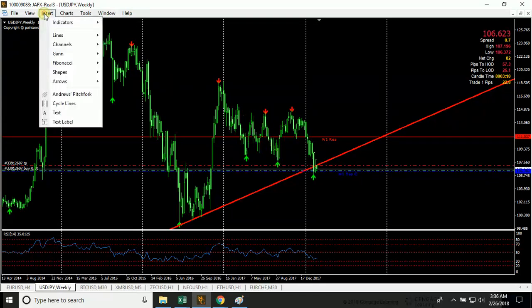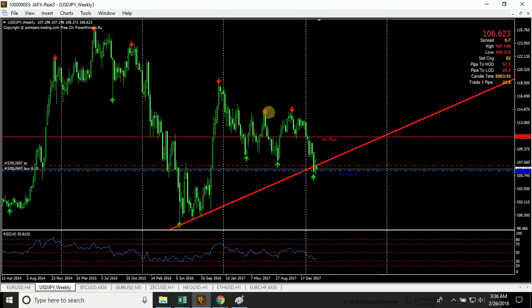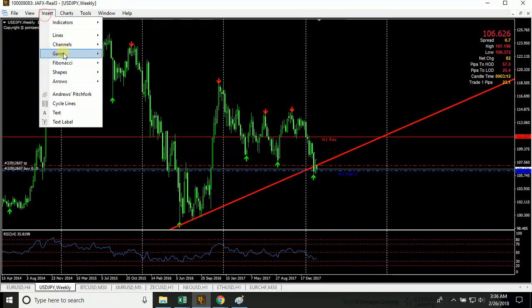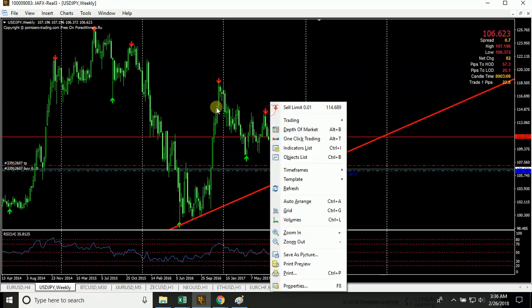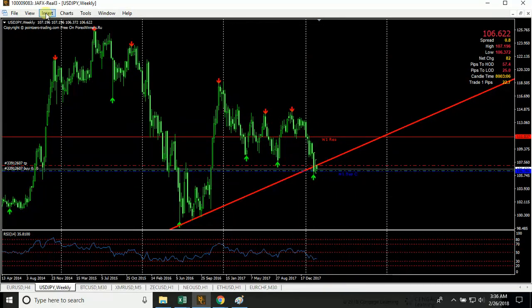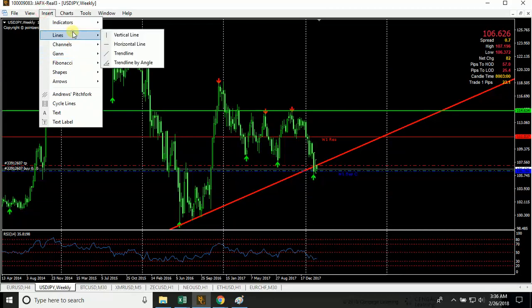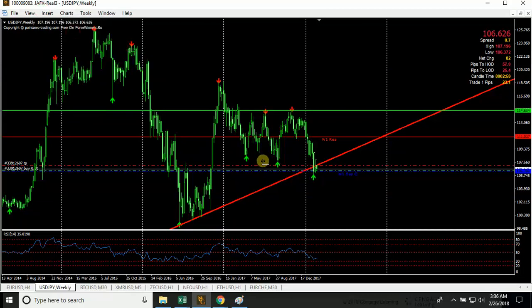What do I mean by that? I mean, we can clearly see price is now trapped in a range here.